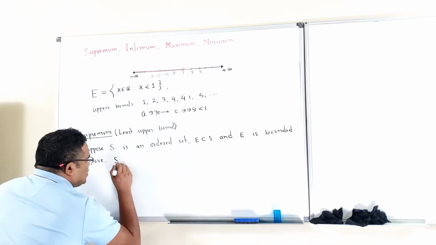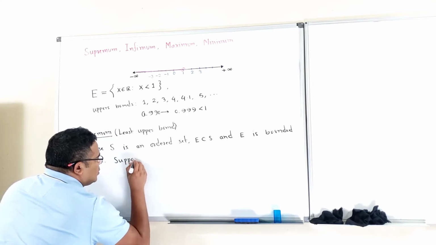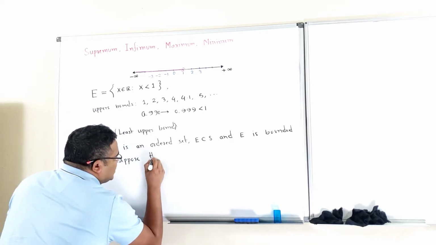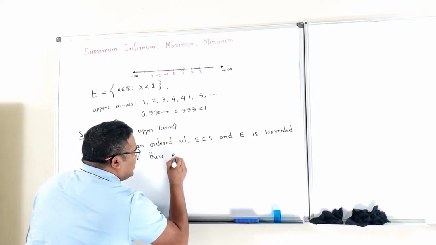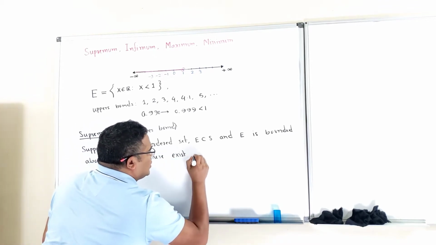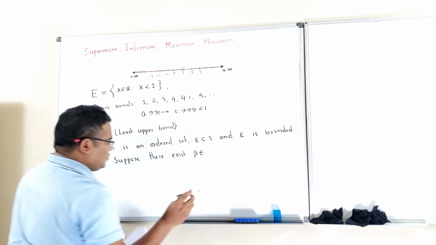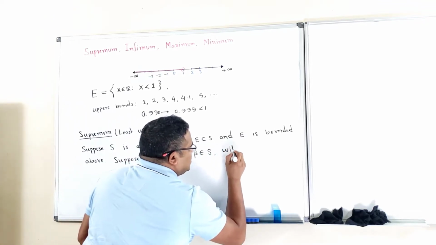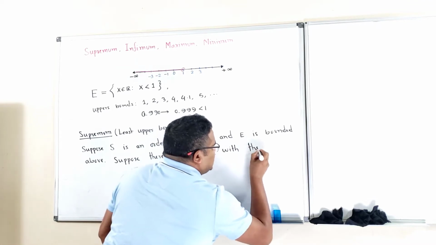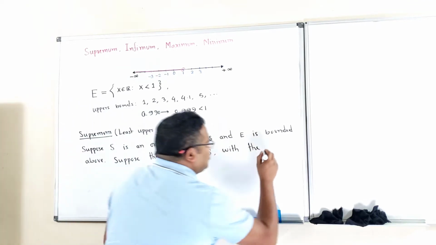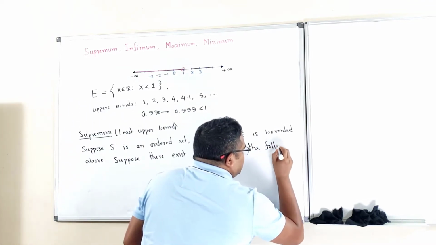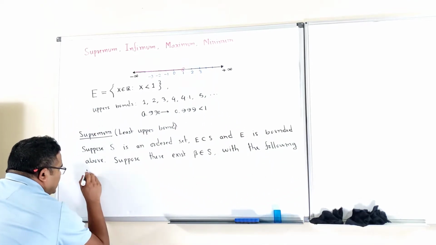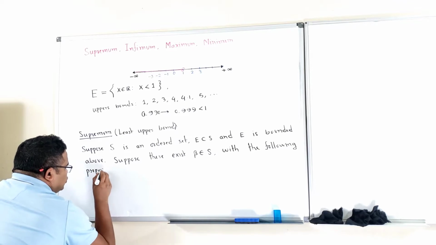Suppose there exists beta, an element of S, with the following properties. There are two properties.